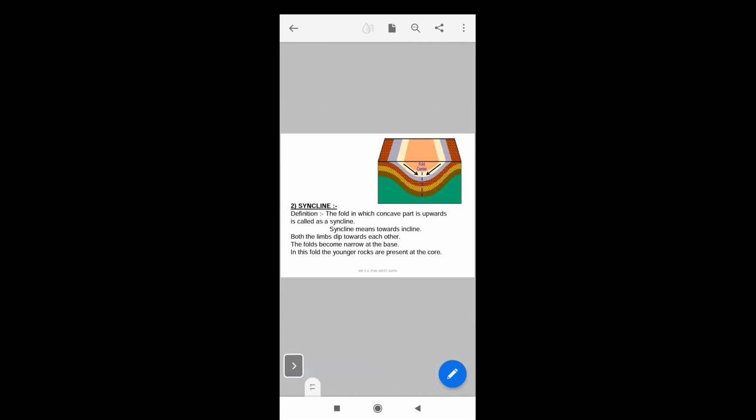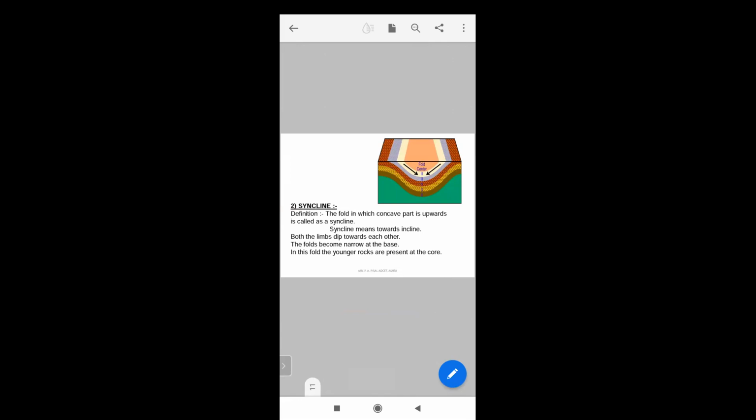Now, this is the second type of the fold, which is considered as a syncline fold. Now, we have to differentiate between anticline and syncline. When you look here, the anticline fold and syncline fold are completely opposite to each other.